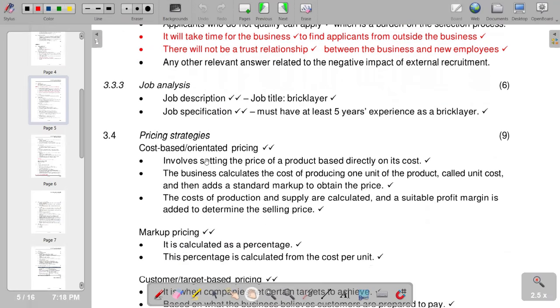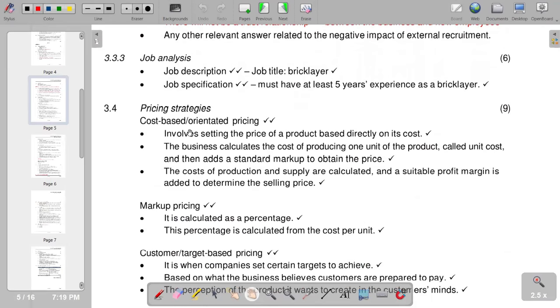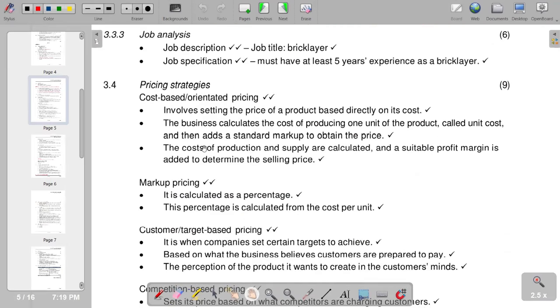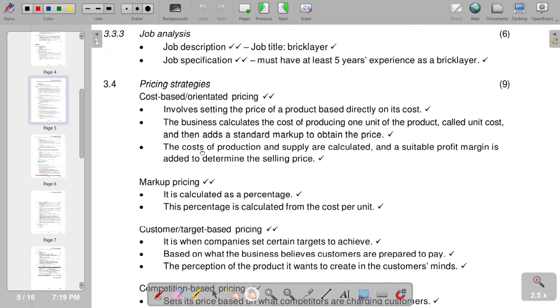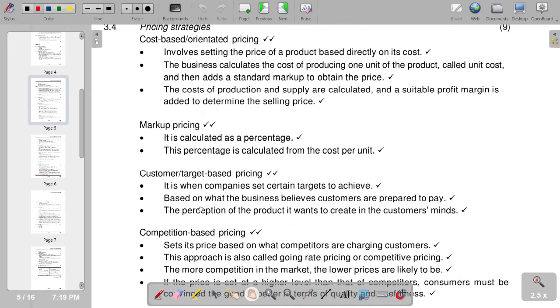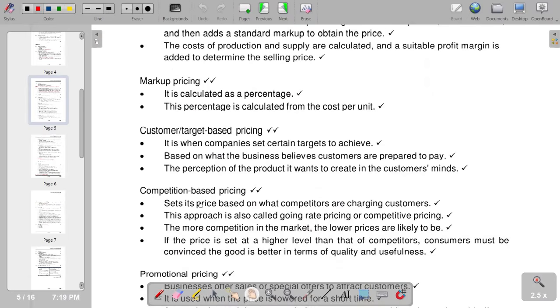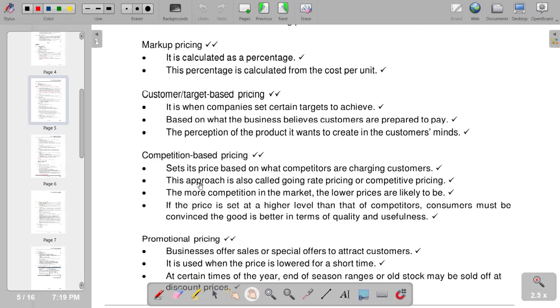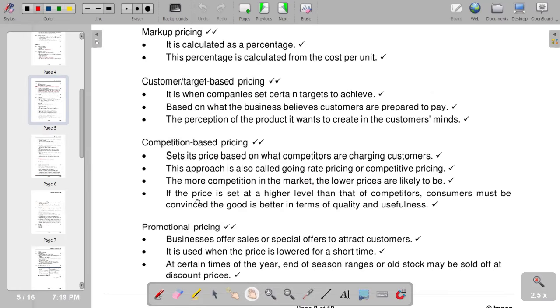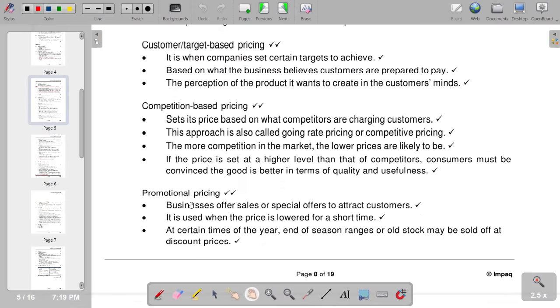Then we've got pricing strategies, whereby we've got cost-based or cost-oriented pricing. We also have markup pricing, customer or target-based pricing, and competition-based pricing. We also have promotional pricing.